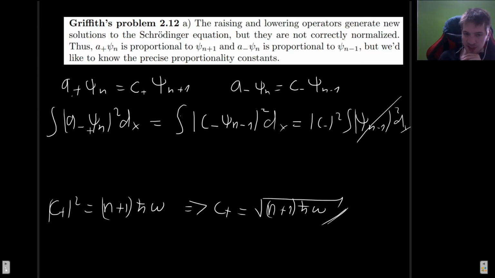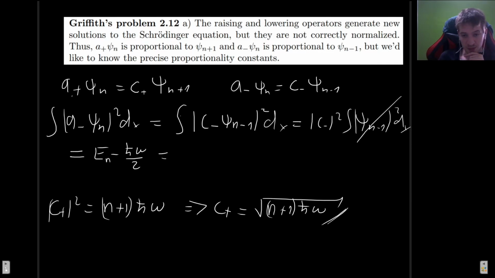So we see that this expression is just c minus squared. But this, as we saw in the previous problem, is just n h bar omega. I think I'm going a bit too fast there. Last time we saw that it is e minus h bar omega divided by 2.